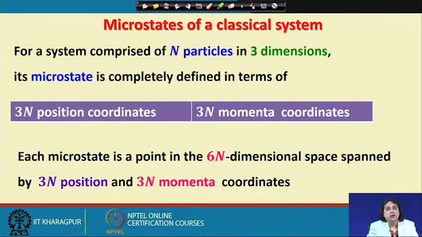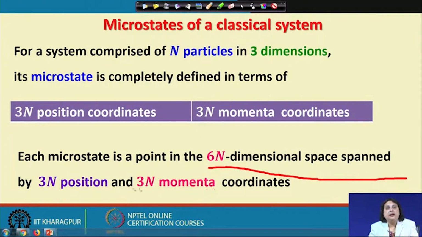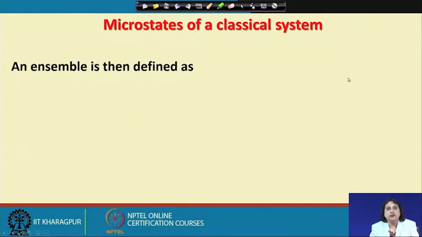Therefore, in general, we can say that each microstate is a point in the 6N dimensional space that is spanned by 3N positions and 3N momenta coordinates. So, this introduces to us the very important concept of phase space, and it is best to use a pictorial description of the phase space to understand what it is.